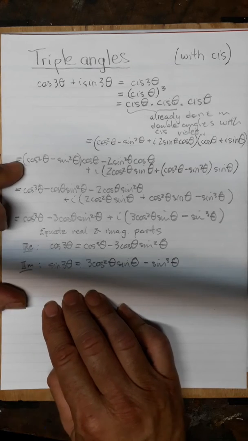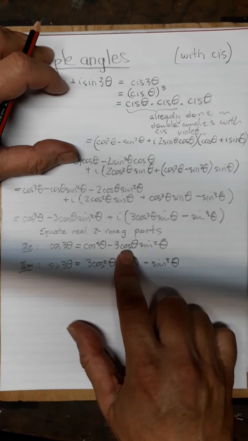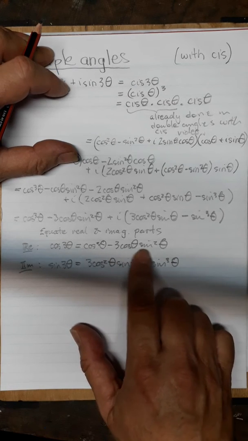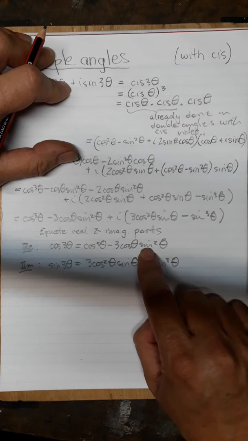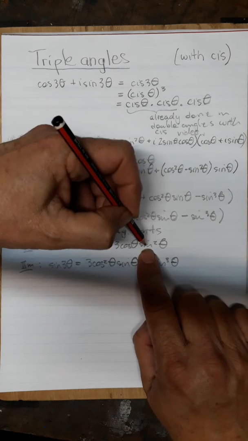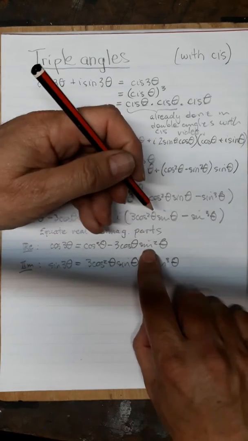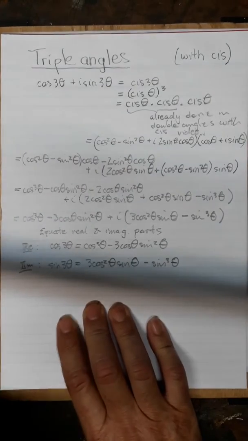But let's go a little bit further. Let's rewrite cos 3 theta in terms of cos only. So what we can do here is use our Pythagorean identity, and we'll substitute in sine squared theta, and we can turn that into 1 minus cos squared theta. So let's have a look.